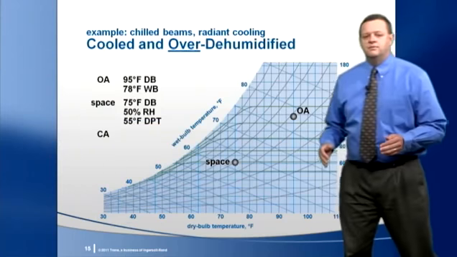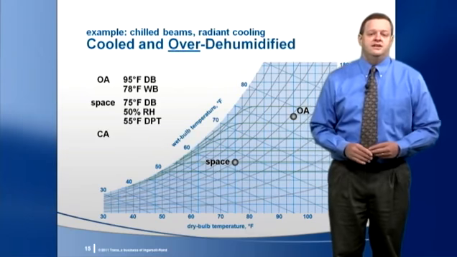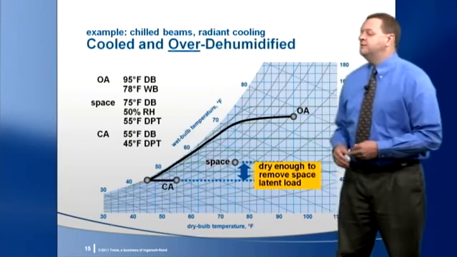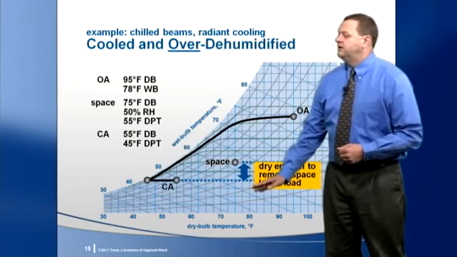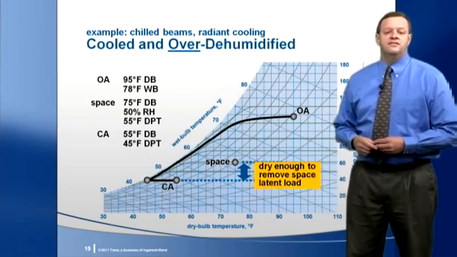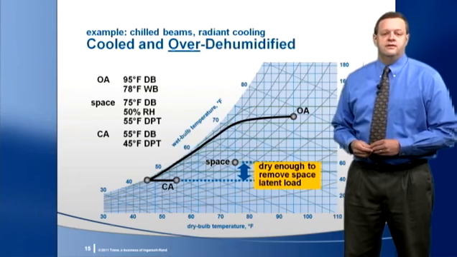Finally, some types of local equipment, such as chilled beams or radiant cooling panels, cannot handle any condensation. So if this type of equipment is used, the outdoor air must be dehumidified to an even lower dew point, low enough to remove all of the space latent load, plus some margin of safety to prevent condensation from forming on this local equipment.